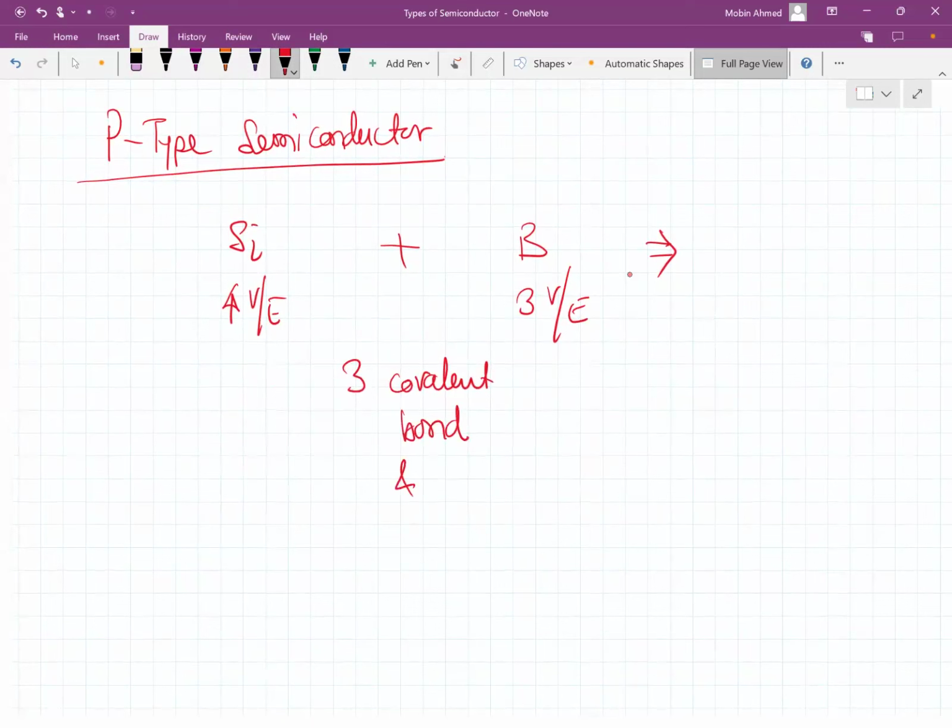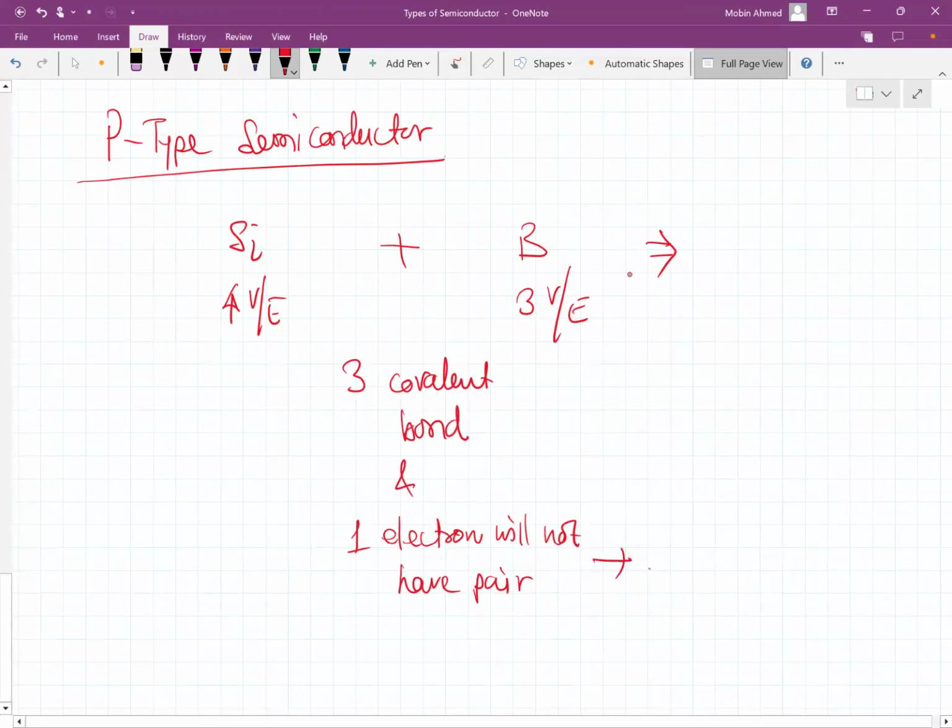And one electron will not have a pair. If it does not have a pair, it creates a hole. So a hole is created.